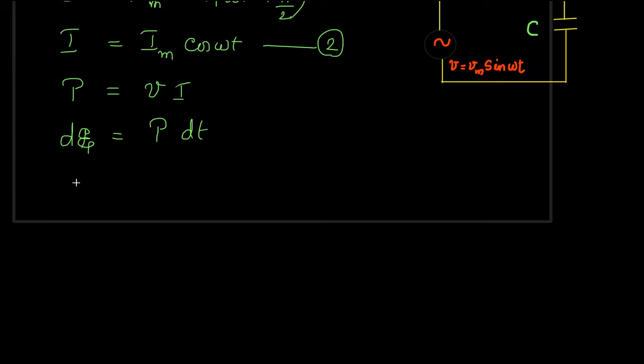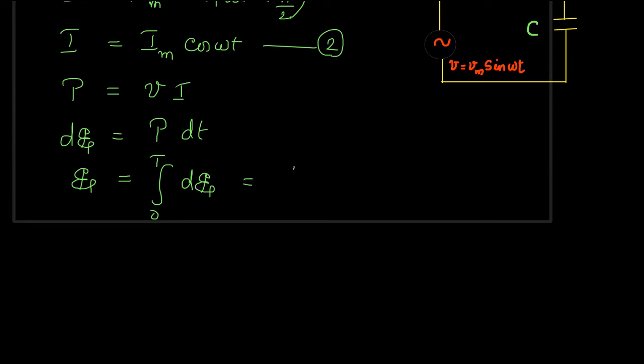So for the complete cycle of AC, if E is the energy dissipated, E is equal to integration from 0 to t dE. Over the time period of AC, we integrate dE.